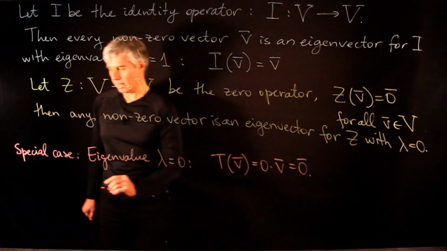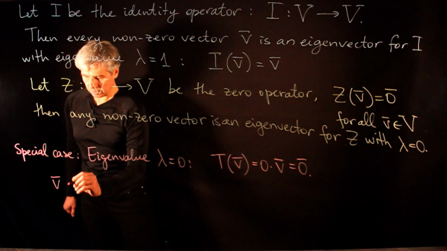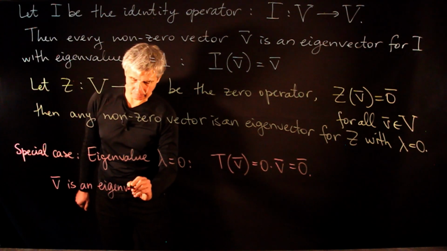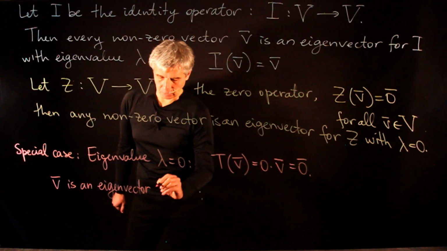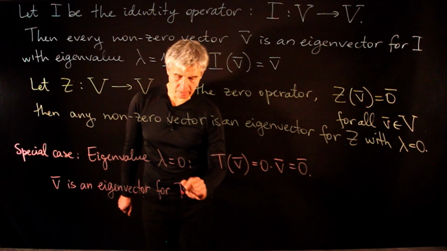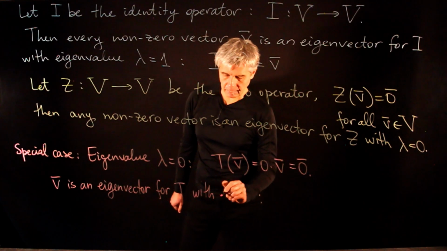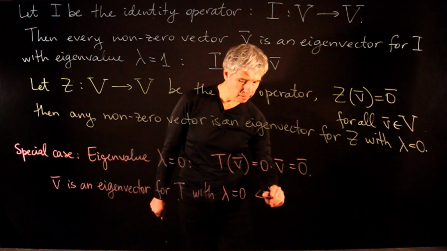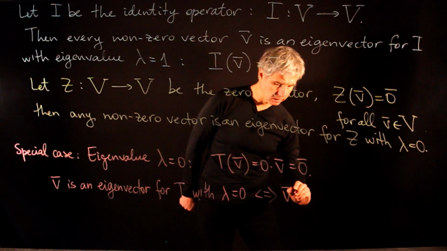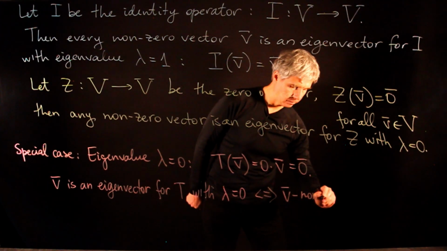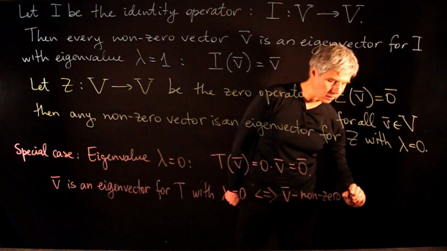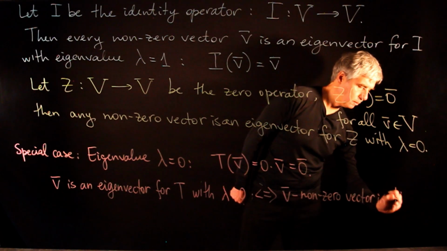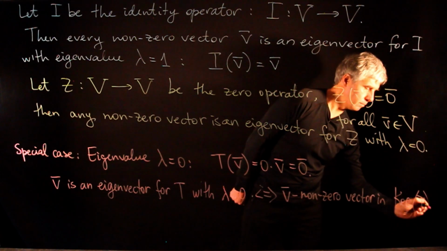And we conclude that V is an eigenvector for operator T with eigenvalue lambda equals 0 if and only if V is a non-zero vector in the kernel of operator T.